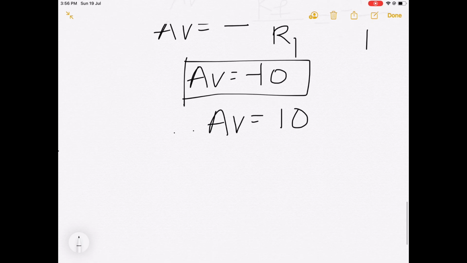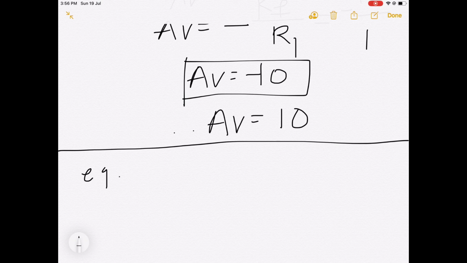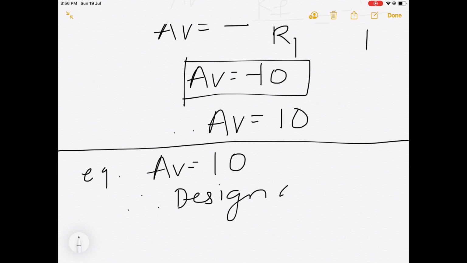Okay. So this is about the inverting amplifier. In the exam there may be questions like this. They will either give you the gain and you have to design it. So for designing, suppose for example they have given AV is equal to 10, and design an inverting amplifier.